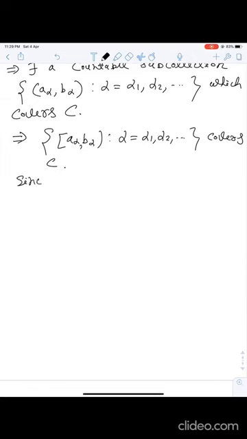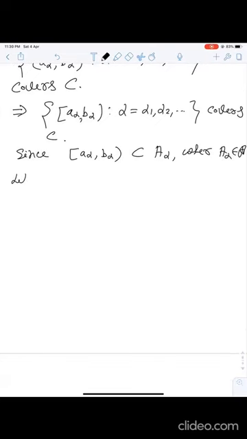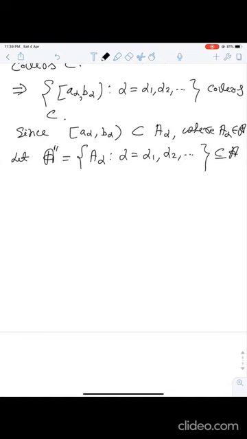Now since A alpha comma B alpha is a subset of A alpha, where A alpha belongs to that script A, let's call the collection of all of these A alpha, for alpha equal to alpha 1, alpha 2, a triple dash, as we used a double dash before, which is a subset of A. This covers C. Why does this cover C?